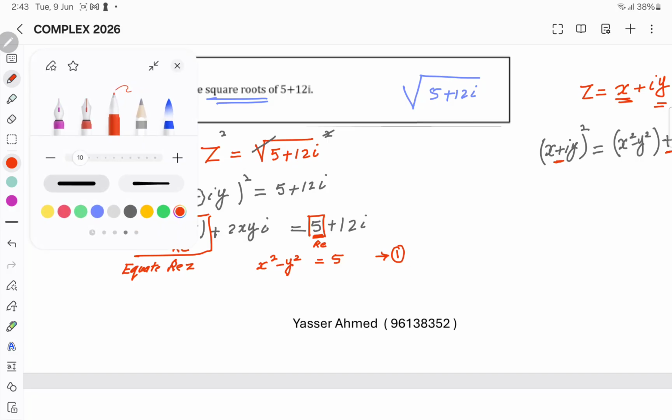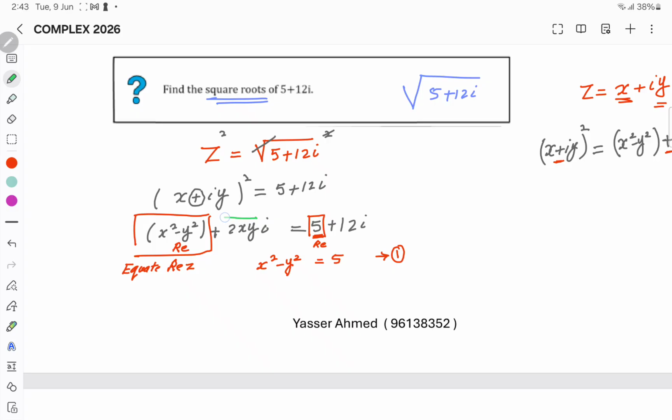When we equate the imaginary parts, the imaginary part is the coefficient of i on each side. So we equate the imaginary parts on both sides. We get 2xy equals 12, and that is the second equation.